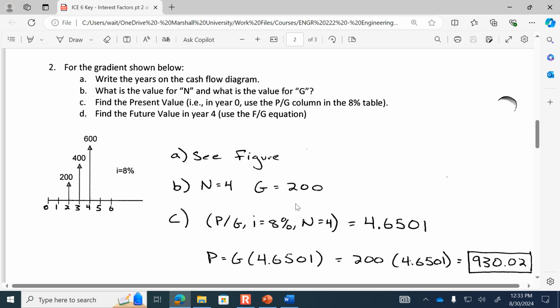N equals 4, and the value of g, it's increasing by a constant amount of 200. So g is 200. And find the present value, so use the P/G column. So this problem is find P given G, I equals 8%, N equals 4.